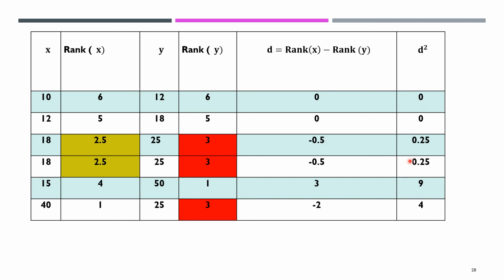All these are 0, only we have these 4 values, 13 plus 0.5, that is 13.5. So summation d square is 13.5, n is equal to 6, m1 is 2 because 18 is repeated 2 times, and 25 is repeated 3 times, so m2 is equal to 3.